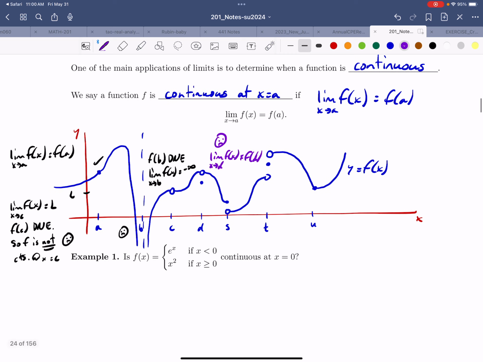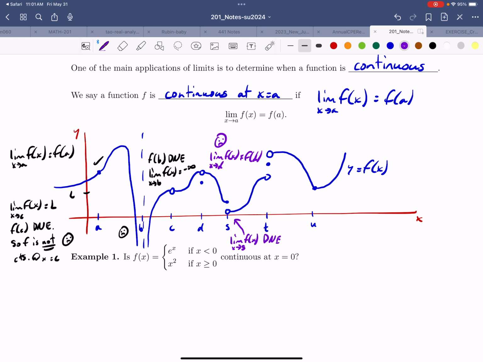Similarly for s. The limit as x approaches s of f of x. Note that the limit actually doesn't even exist here. Before, in these examples, the limit existed. They just didn't equal f of c or f of d. Here the limit doesn't actually exist because the left-hand limit differs from the right-hand limit.